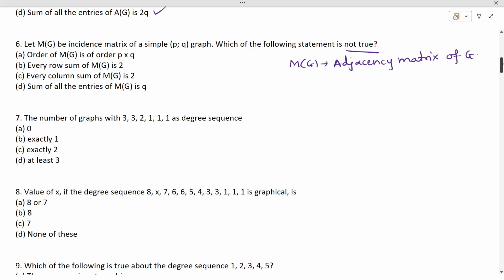That is, it has order P by Q, where P is the number of vertices and Q is the number of edges. Every row sum is 2. This is also correct. Every column sum is 2. This is also correct. The sum of all entries in M of G is 2Q. The correct value is 2Q, but they have given Q. So option D is the incorrect option.